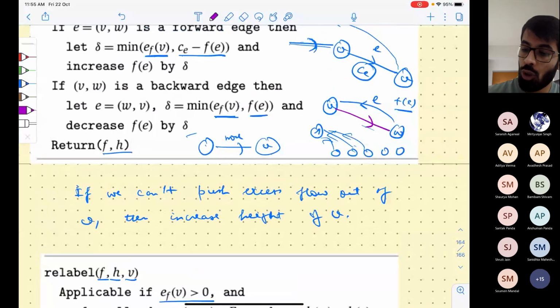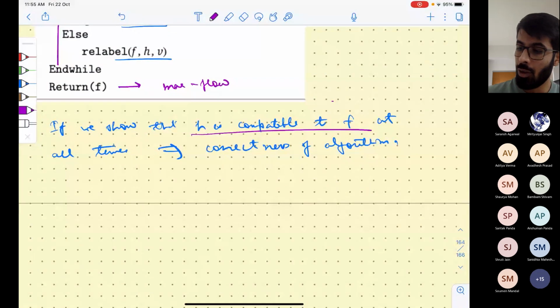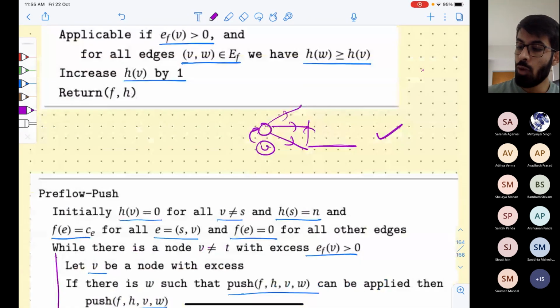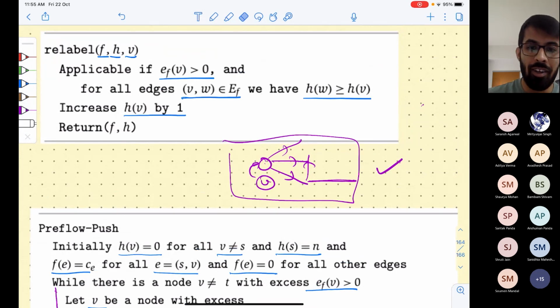And similarly for push, you can see, because the height is not changing for any pair of vertices, it will remain compatible. It's not hard to see, but I'm not going to argue that. So you can see for yourself. One case I have already done for relabel, that v is here. I'm not going to repeat it again. You can see it later if you want.